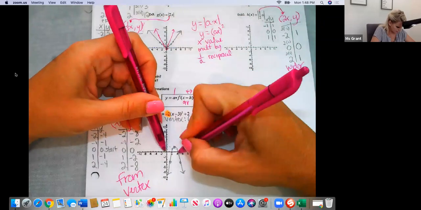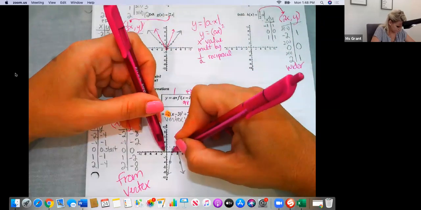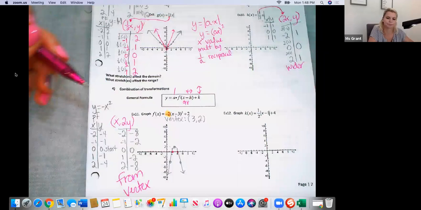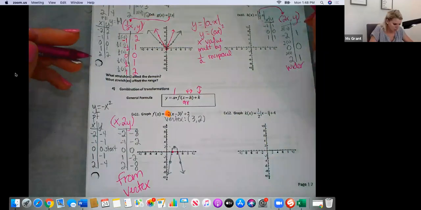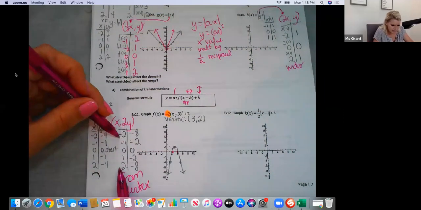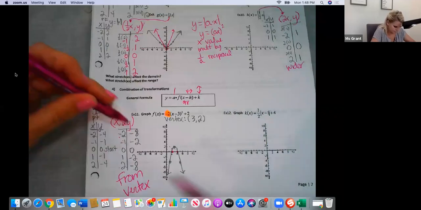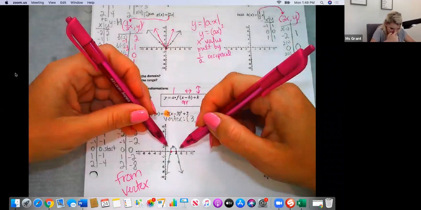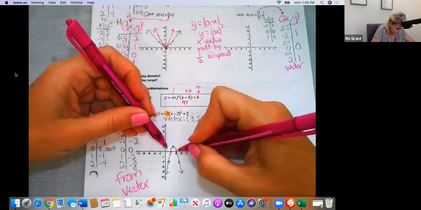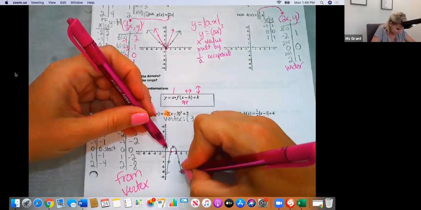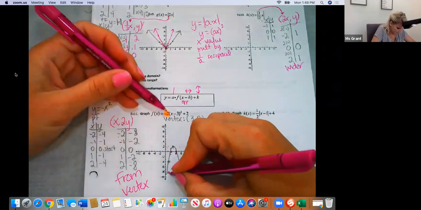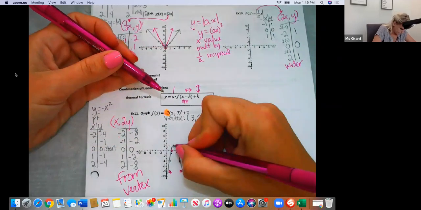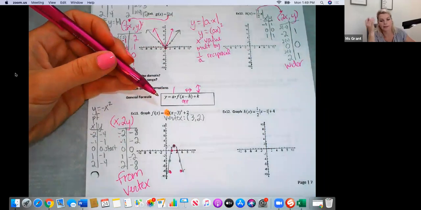Ooh, look, x-intercepts. Hey, x-intercepts. 2 in either direction, 8 down. 8 down? Oh my goodness, guys. And obviously your point at the vertex is also there too.